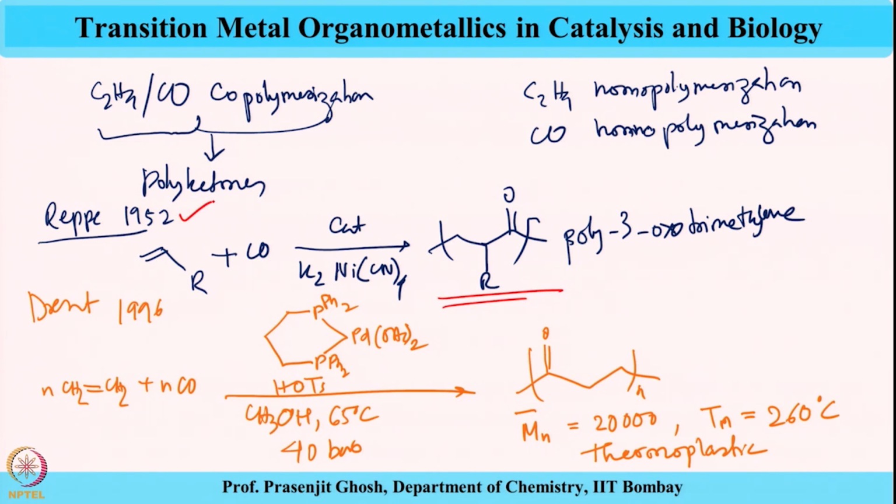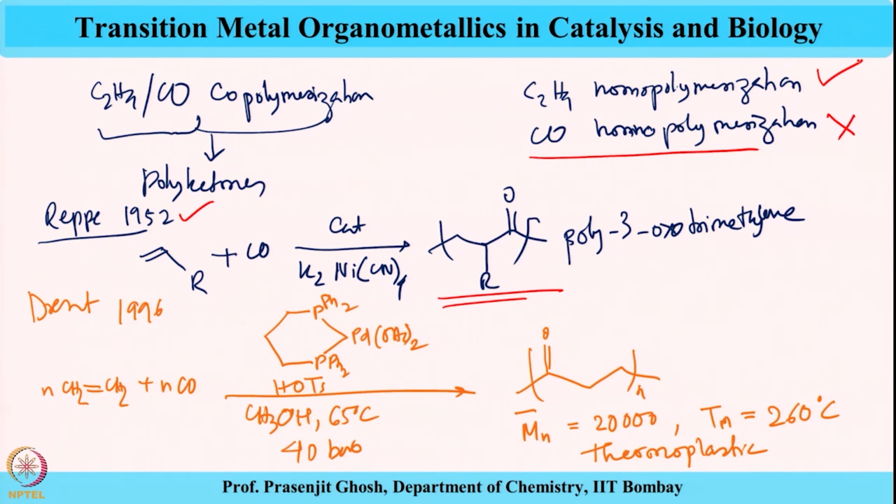One is the alternating addition of CO as well as ethylene to give polyketone, and this polyketone polymer showed that it was really indeed an alternating polymer, where both the groups were inserting one after another, and that was confusing, because though CO homopolymerization is not known, ethylene homopolymerization is quite known.